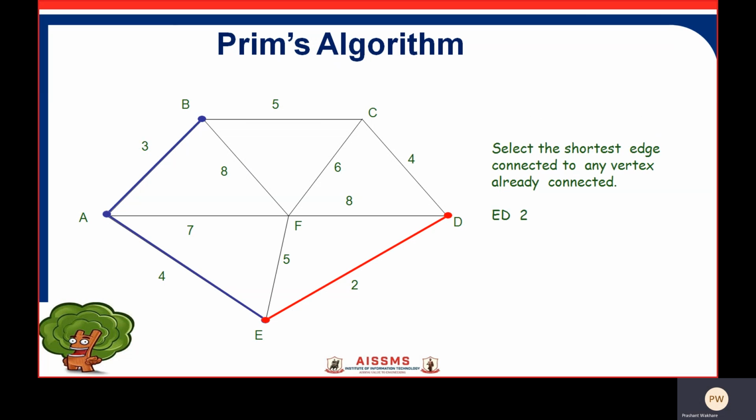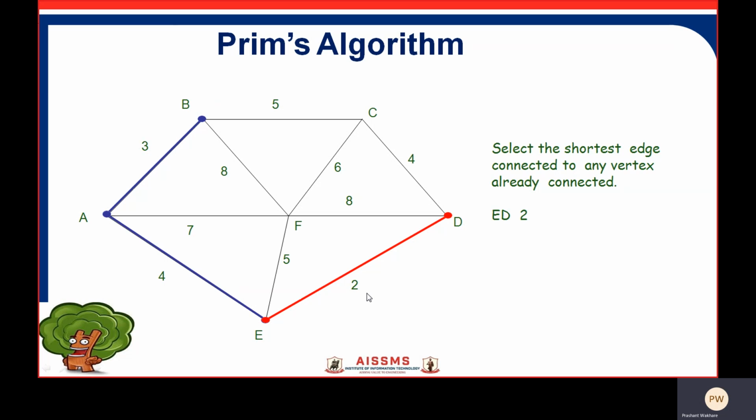Next, select the shortest edge connected to any vertex already connected. Now the connected vertices are A, B and also E. If you see, A to F distance is 7, B to F distance is 8, B to C is 5 and E to D is 2.